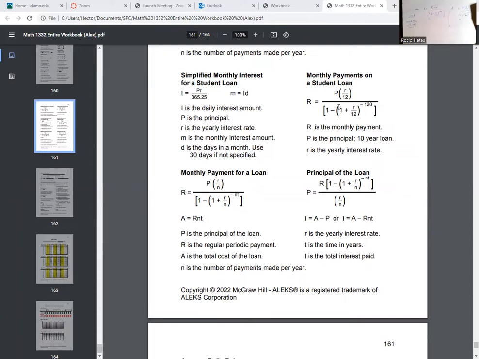We're going to use the one that already has the negative 120 and the 12 as the number of payments, because this is based on 10 years. We're going to be using that for this class. There are other plans of repayment available, but we will focus on this one. So once again, the formula I'm using is the one titled monthly payments on a student loan.